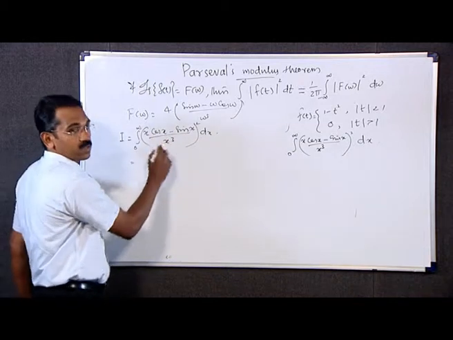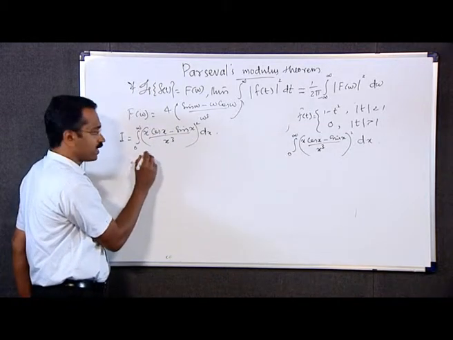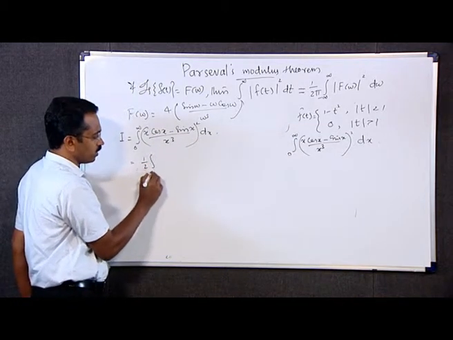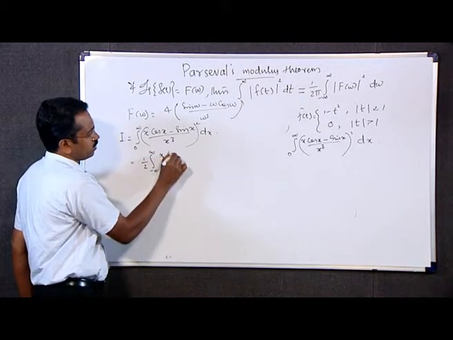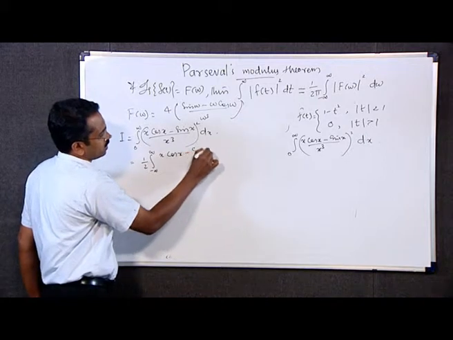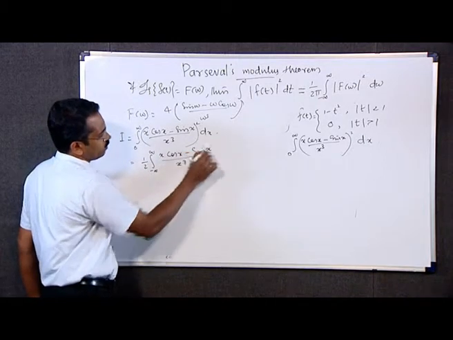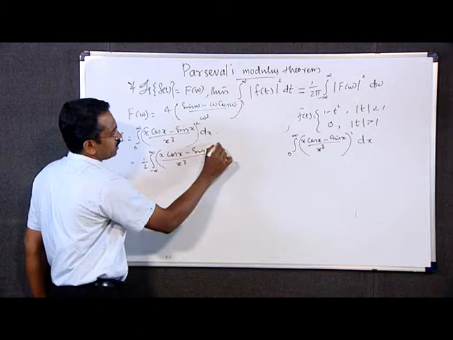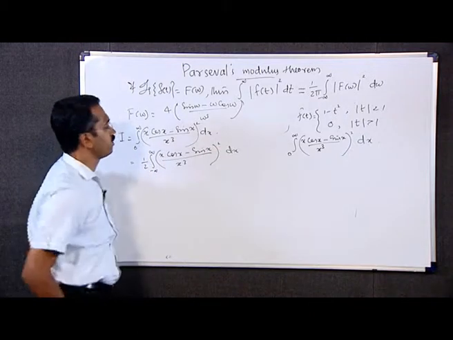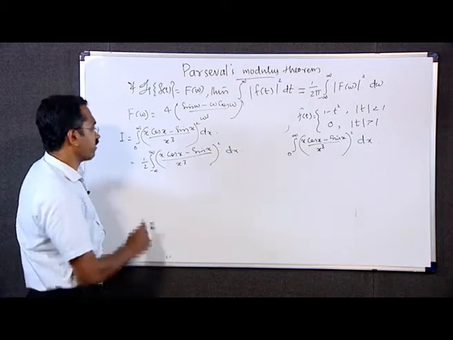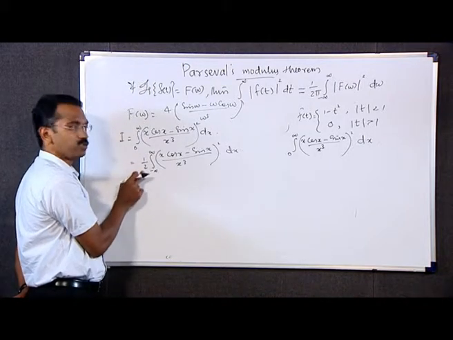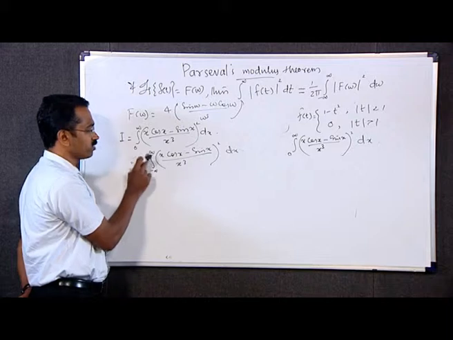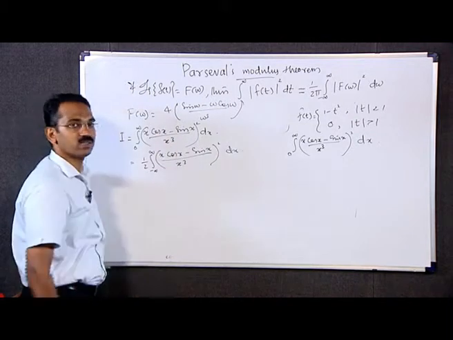Therefore, this integrand is even. Therefore, we can write this as 1 by 2 into integral from minus infinity to infinity of ((x cos x minus sin x) divided by x cube) the whole square dx. By the property of definite integral, we can write this integral from 0 to infinity as 1 by 2 times integral from minus infinity to infinity, because this integrand is an even function.